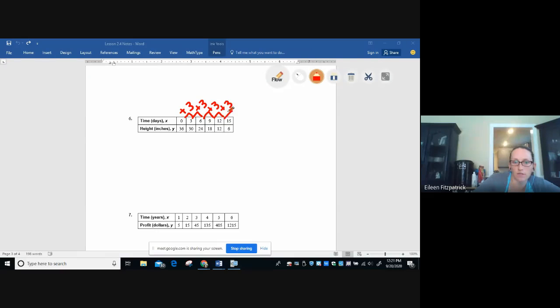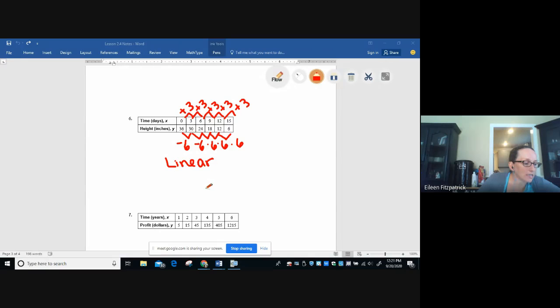We're increasing by 3 each time, which is good. So then we're going to see what the differences are of the y's. From 36 to 30, we're decreasing by 6. From 30 to 24, decreasing by 6. From 24 to 18, decreasing by 6. 18 to 12, decreasing by 6, and decreasing by 6. So this data is linear.